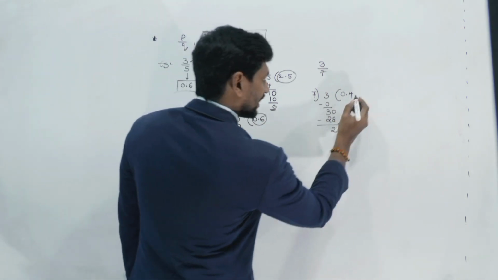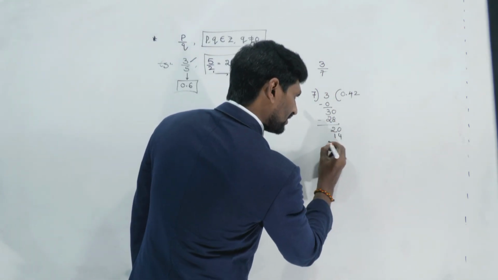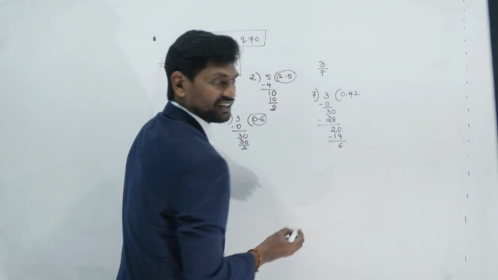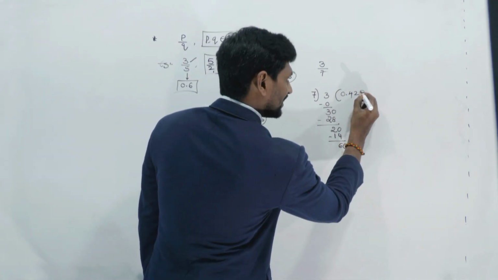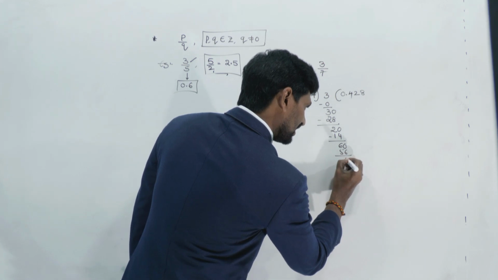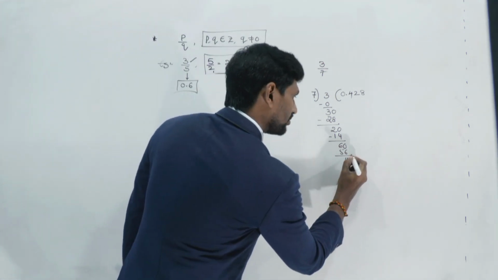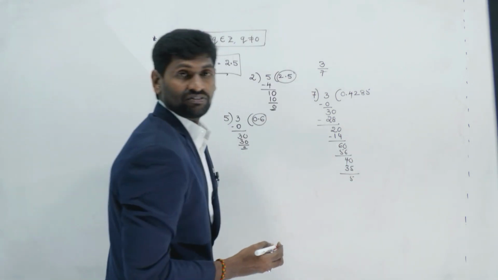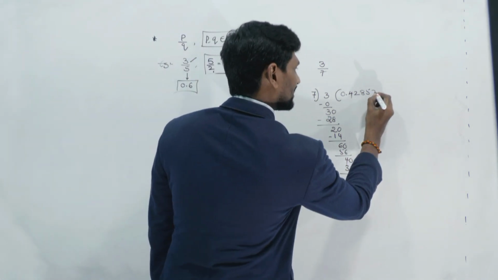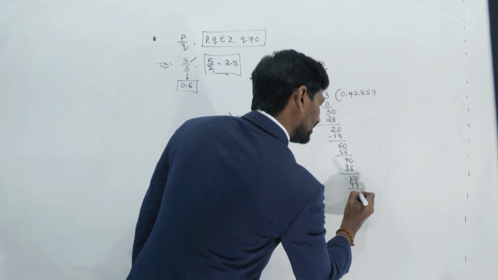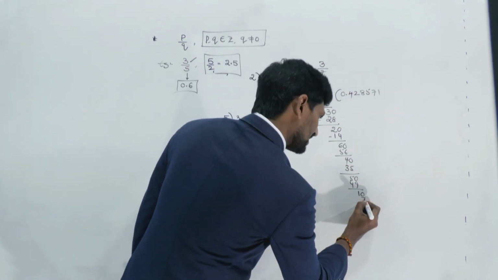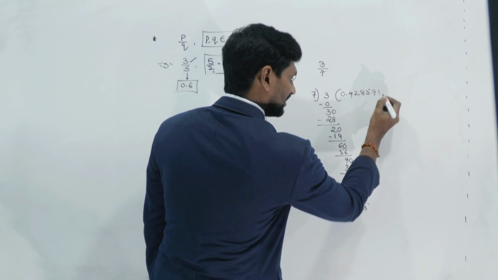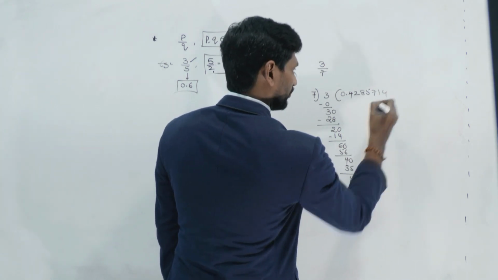Next, 7 2s are 14, remainder 6, again 0, 7 8s are 56, remainder 4, again 0, 7 5s 35, remainder 5, again 0, 7 7s are 49, remainder 1, 7 1s are 7, remainder 3, again 7 4s 28.